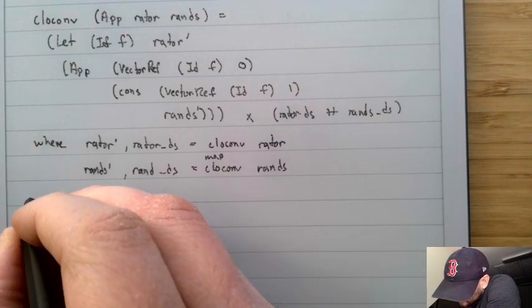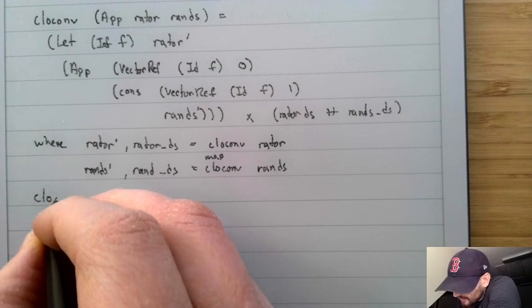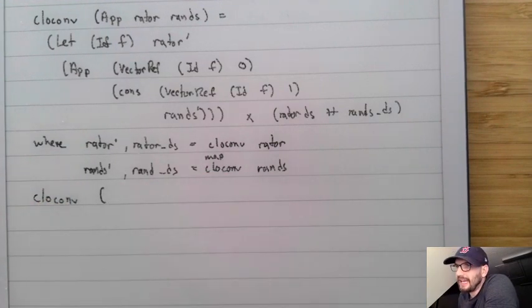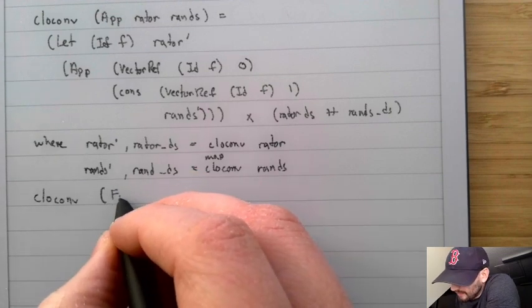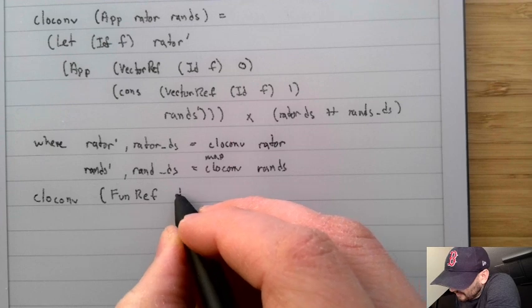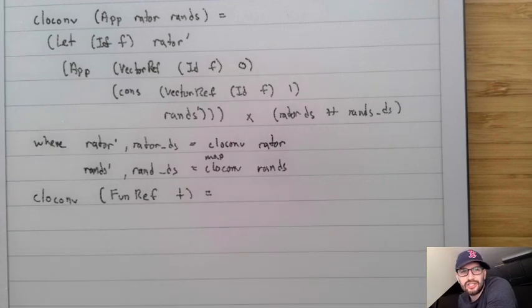Basically, what we need to do is make it so that when you call closure convert and you give it a function reference, which remember we've tagged specially inside of Unicify, a function ref t, we actually need to turn this into the construction of a vector, because we need to make it so that those things will be allowed to be called like this.